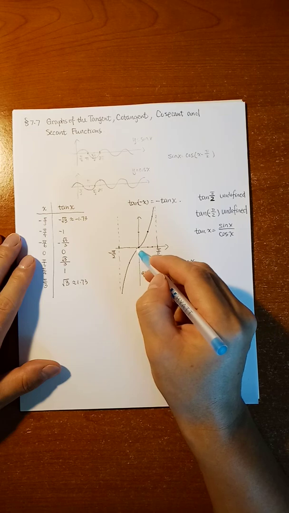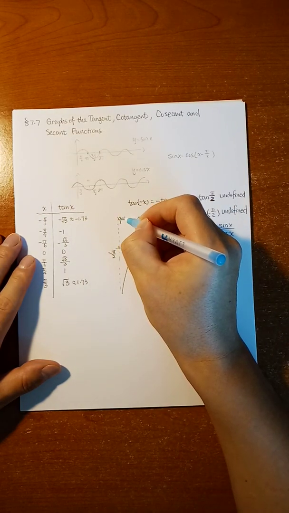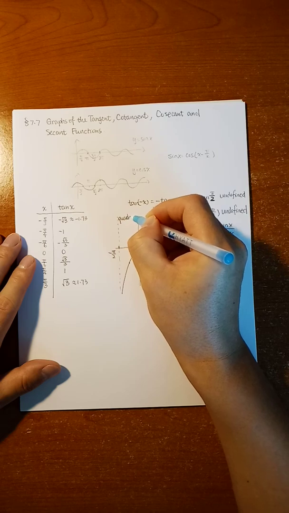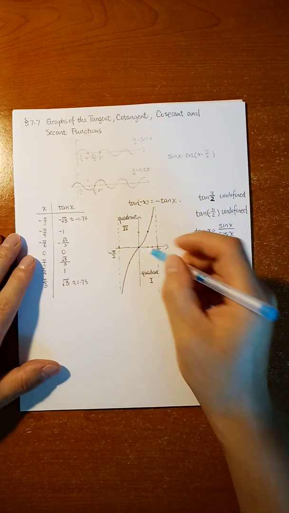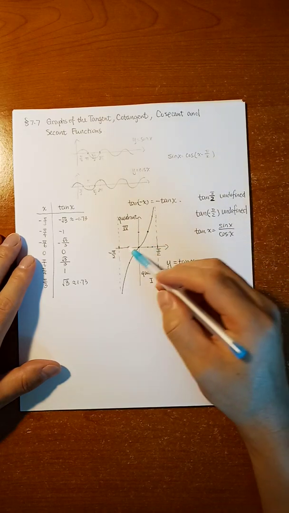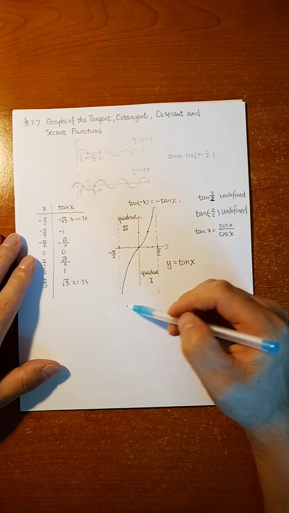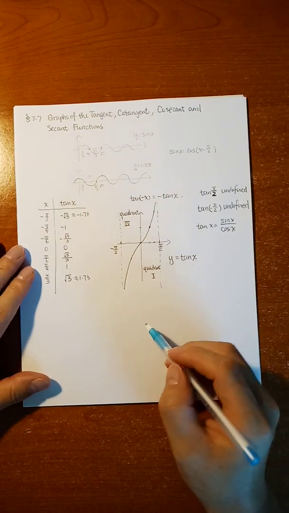And between negative pi over 2 and 0, it is in quadrant 4. In quadrant 4, sine is negative and cosine is positive, so the ratio is negative, so it approaches negative infinity.